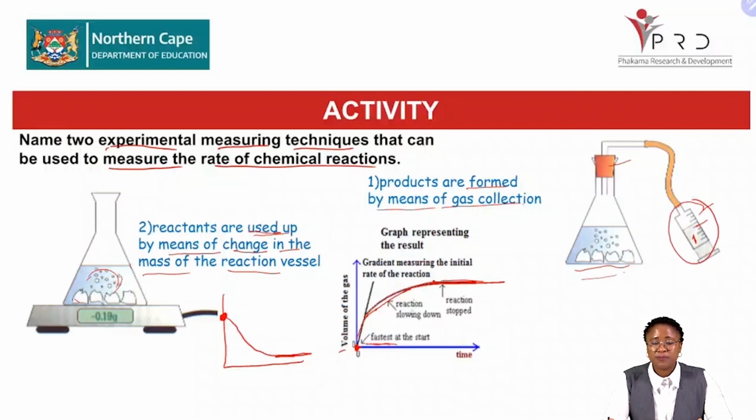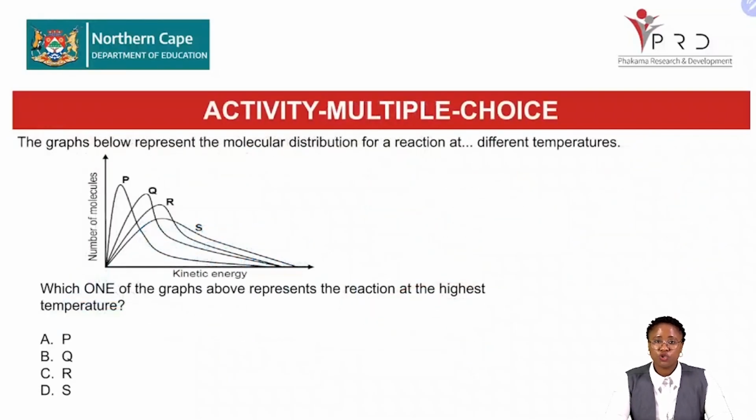As we produce more and more gas at different time intervals, we are checking whether the reaction is happening faster or slower. And then over here, we will be measuring the mass. As the mass is decreasing, that means the reaction is taking place, and we will be measuring how fast or slow the reaction is taking place. That is one thing that you need to look at.